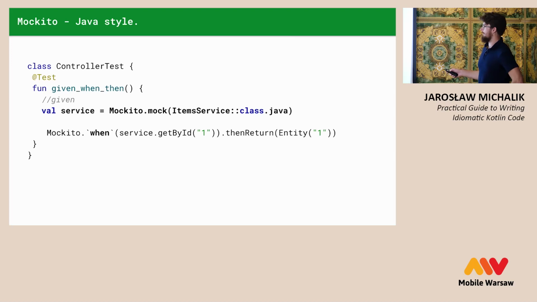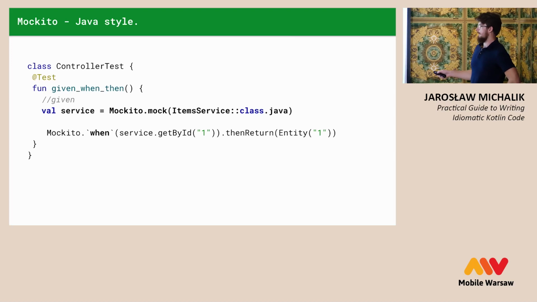For starters, we are using ItemService::class.java. And next thing, in Mockito there is the function when, and when we are using Mockito in Kotlin and we want to invoke the when function from Mockito, we need to put this in backticks because when is a keyword in Kotlin.